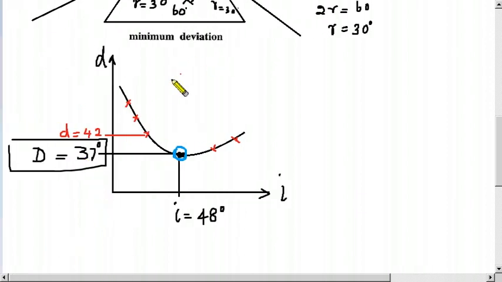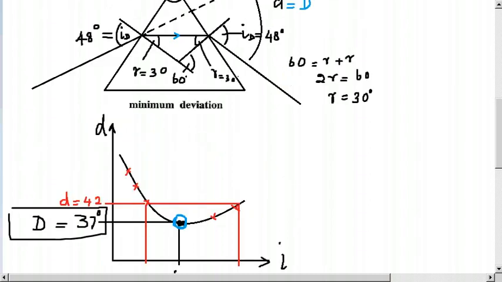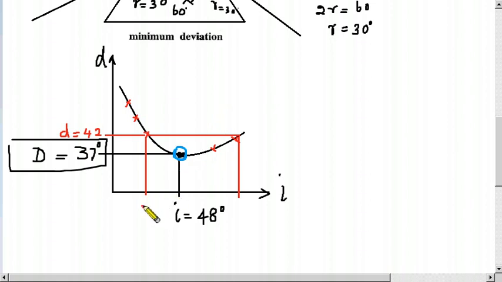So that is the minimum deviation, but we are now talking about in this red color not the minimum deviation, the other higher values. So all these other deviation values have two incident angles like this, so we call them I1 and I2.